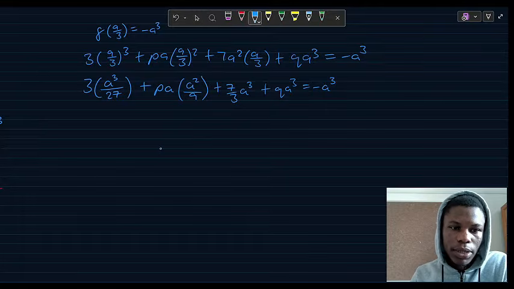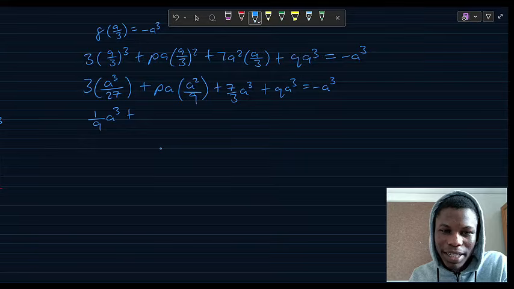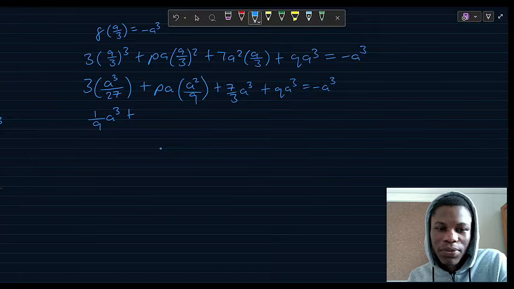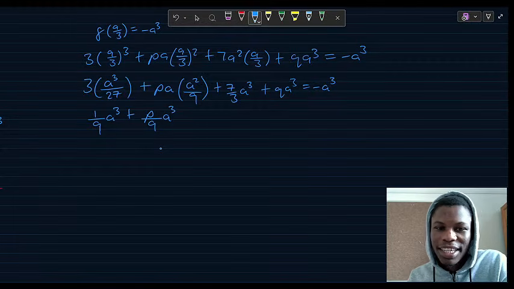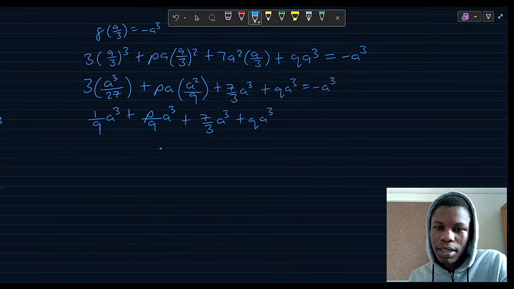All right, so 3 over 27 gives us 1 over 9 a cubed, plus pa times a squared over 9, so that becomes p over 9 a cubed, plus 7 over 3 a cubed plus qa cubed is equal to negative a cubed.